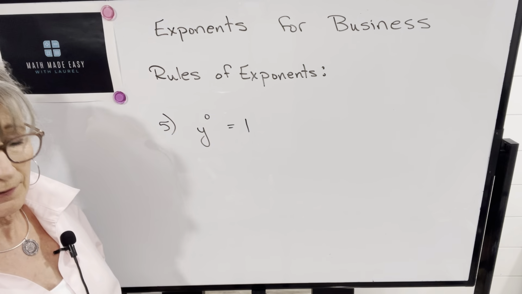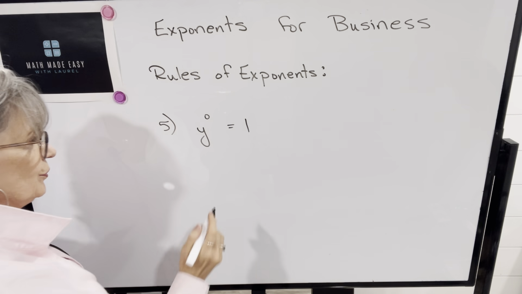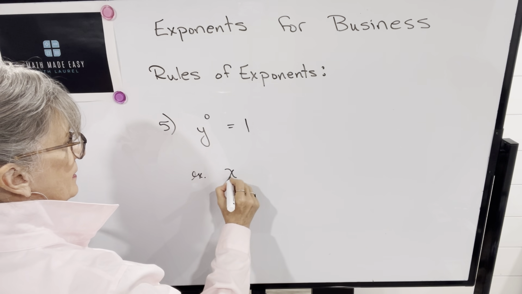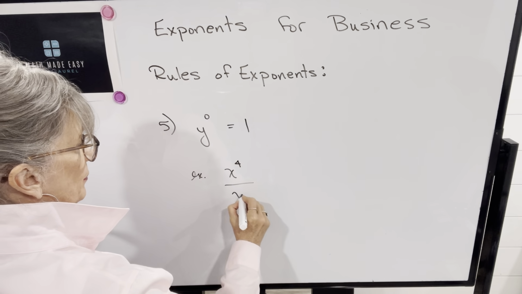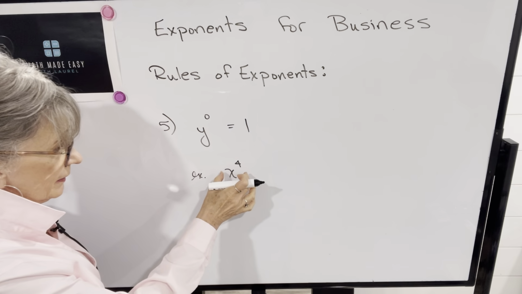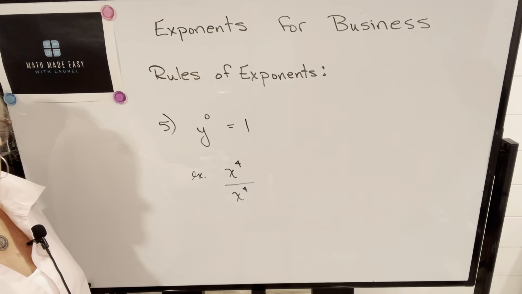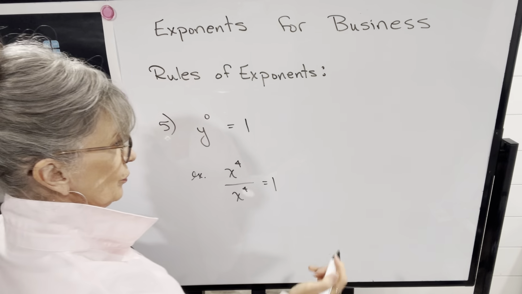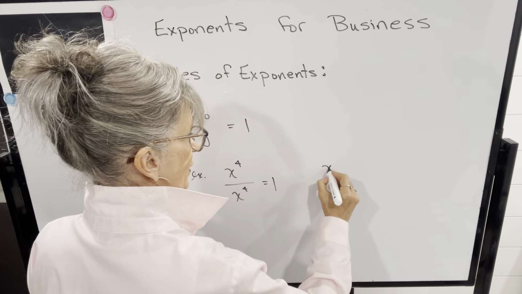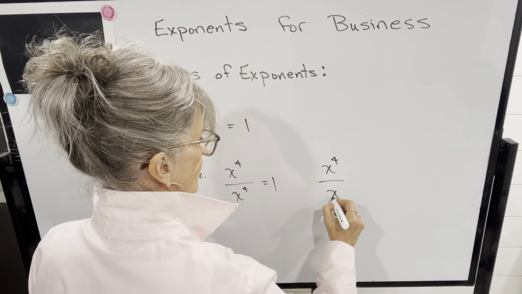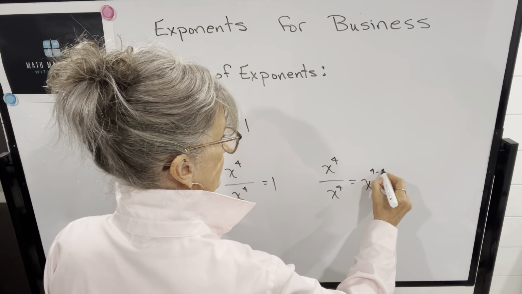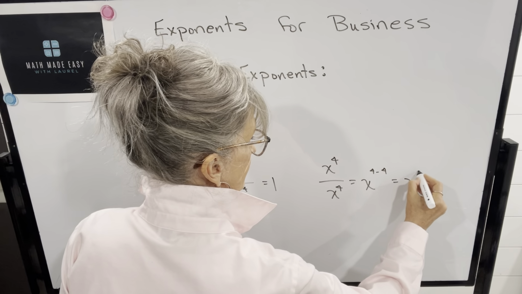Next rule states that if we have a power and the exponent is equal to 0, then that result will equal 1. And the best way to show why that's true is if I had, let's say, x to the fourth divided by x to the fourth. We know anything divided by itself is equal to 1, so we know that this is equal to 1. And according to rule number 2, with our rules of exponents, we know that x to the fourth divided by x to the fourth will be equal to x to the 4 minus 4, which is equal to x to the 0.